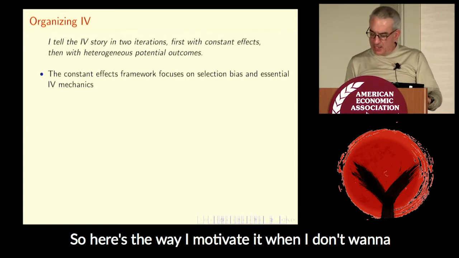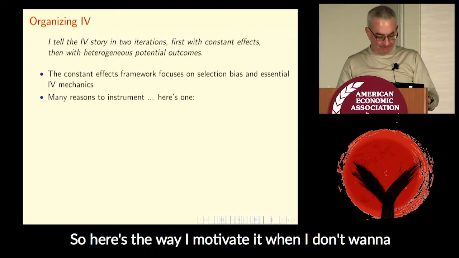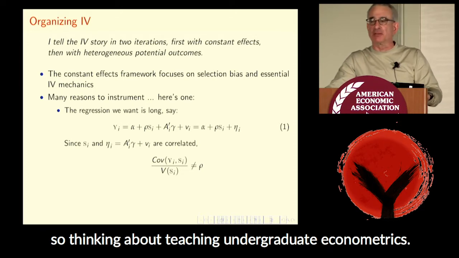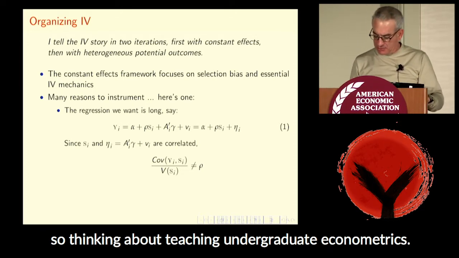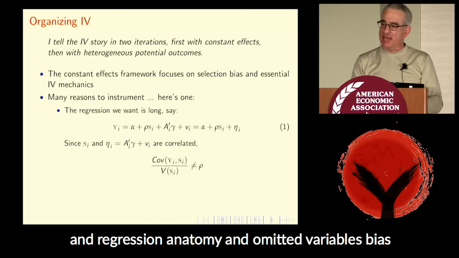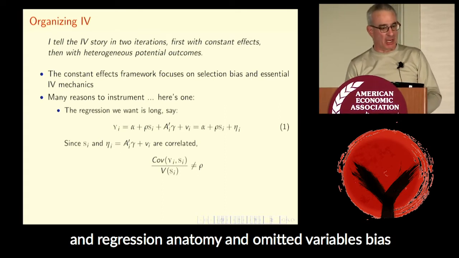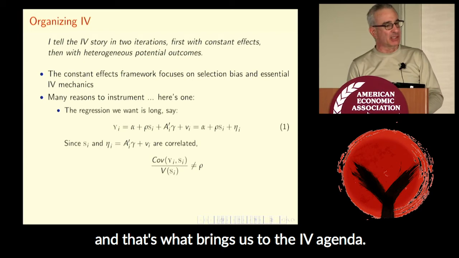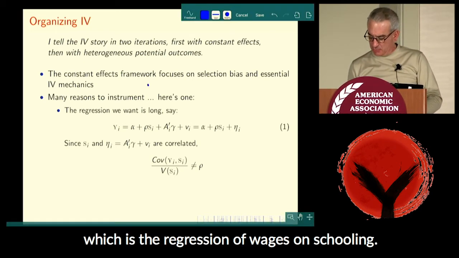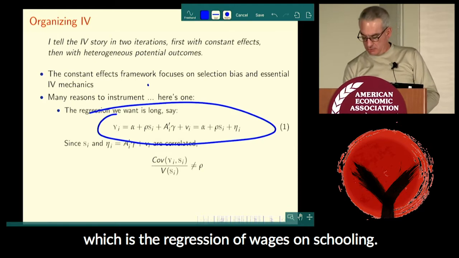So here's the way I motivate it when I don't want to get too abstract. So thinking about teaching undergraduate econometrics. It all goes back to short versus long and regression anatomy and omitted variables bias, and that's what brings us to the IV agenda. So I picked my favorite equation, which is the regression of wages on schooling.